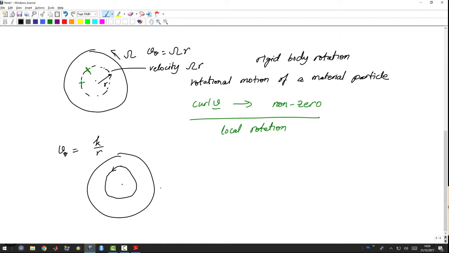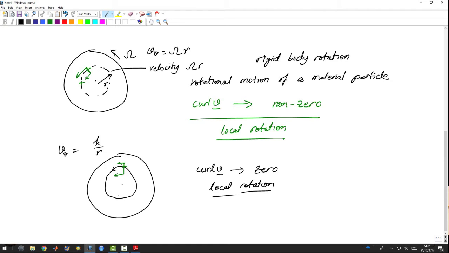closer to the origin. So if I again put the same kind of an object here, now you can see that the velocity at this point will be larger and velocity at this point will be smaller. In the earlier case also, velocity at this point was larger and velocity at this point was smaller. So in the rigid body case the local rotation was present. Now in this case what happens is we will have curl of velocity to be 0, and therefore local rotation will be absent.